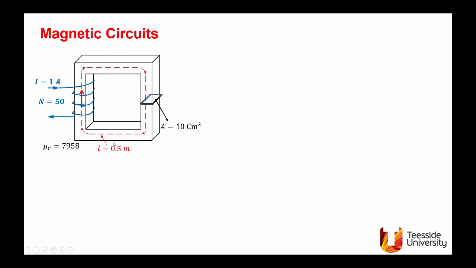I will assume that the average length of the flux path in the core is 0.5 meter. Again, I'm choosing numbers to ease the calculation. You will see that in a second. We look at this red flux contour.